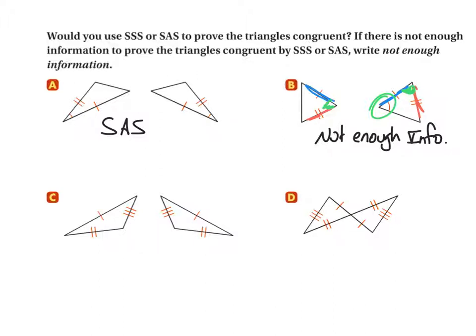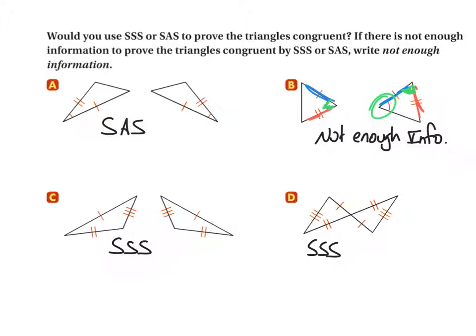Looking at part C, we have the three sides of this triangle congruent to three sides of that triangle, and so sure, they're congruent by side, side, side. And for part D, if you just look at it, you see that there are three sets of sides that are congruent. So you're going to say, oh yeah, side, side, side.